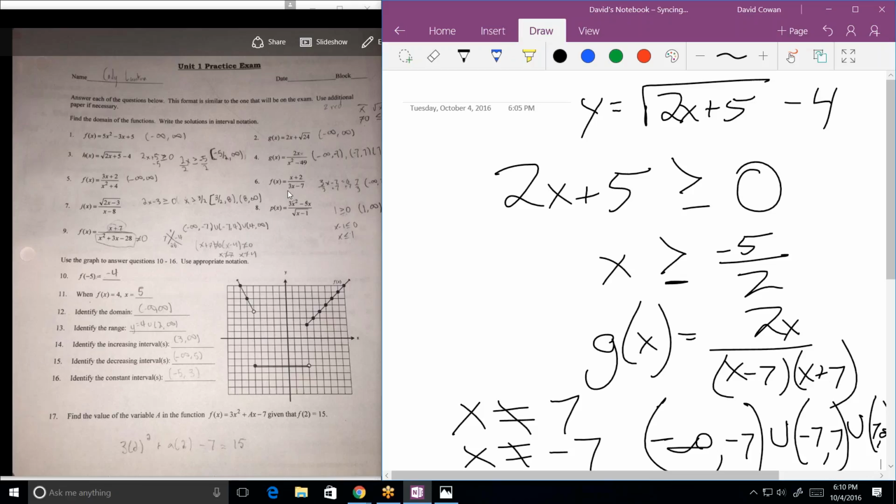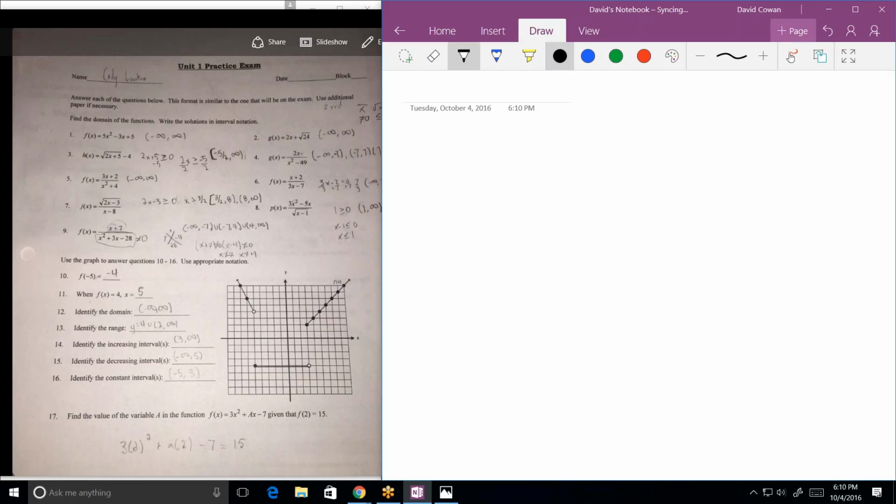And then number 6, the only thing you care about is 3x minus 7 equals 0, solve, and that tells you what X cannot be. So what you're really solving for on number 6 is this. Really, the proper way to write it would be this, even though you're not used to things that look like that.